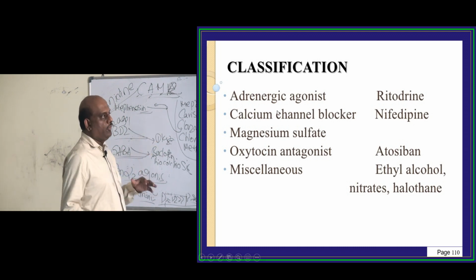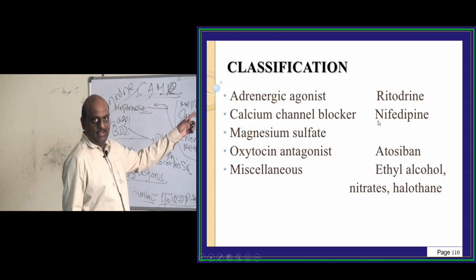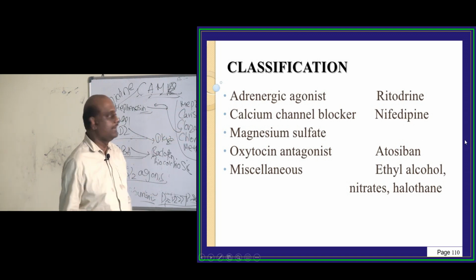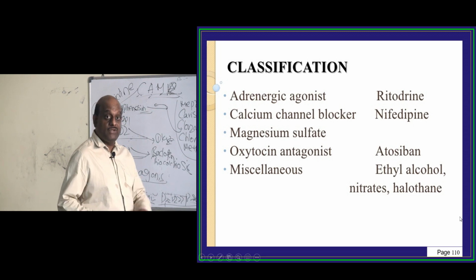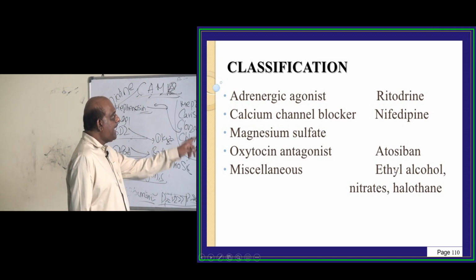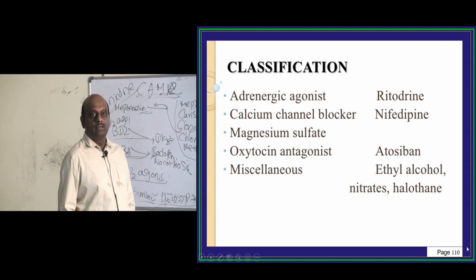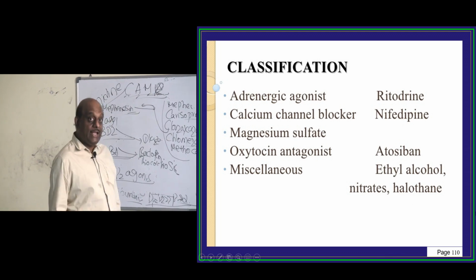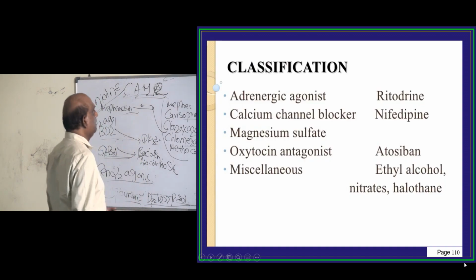So if you look at the various tocolytic agents, adrenergic agonists like ritodrine, similarly calcium blocker like nifedipine, then magnesium sulfate also is a tocolytic. Labor pains will stop. Then oxytocin antagonist like atosiban is another tocolytic. Daru pillow, ethyl alcohol is also a tocolytic. Nitrates, halothane are also tocolytic is what I want to underscore to all of you.